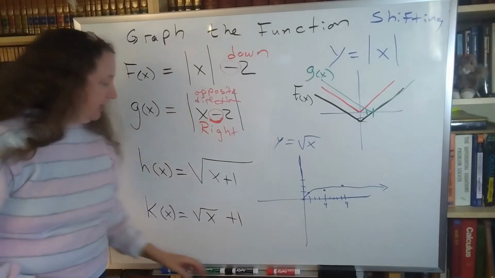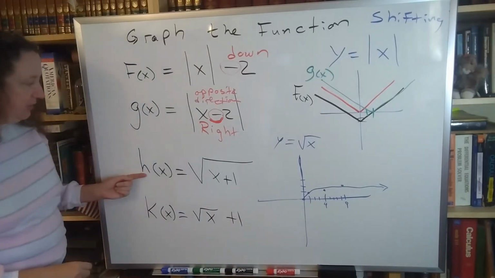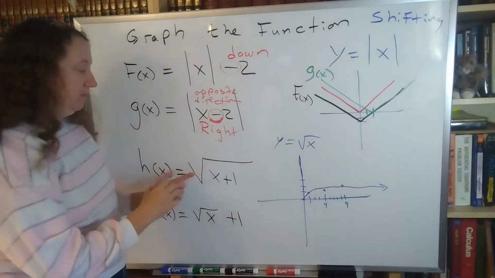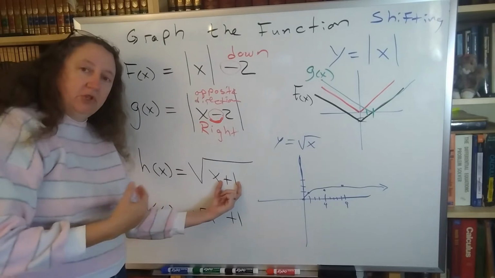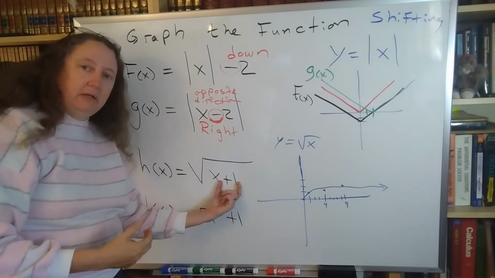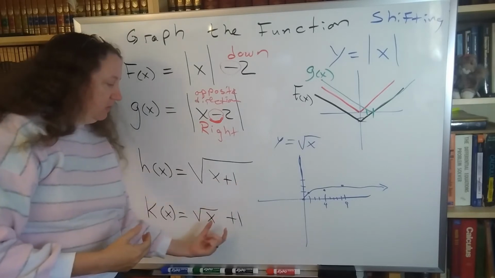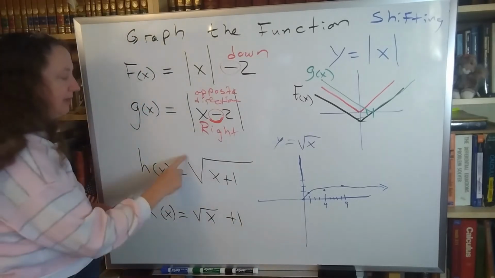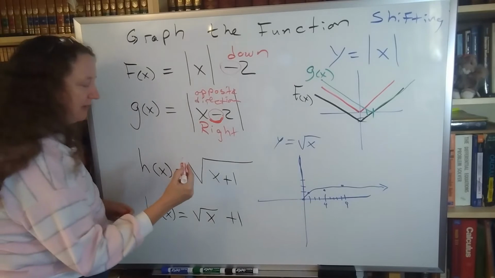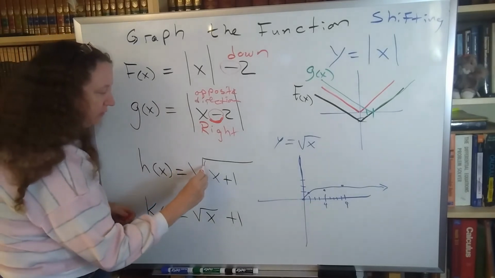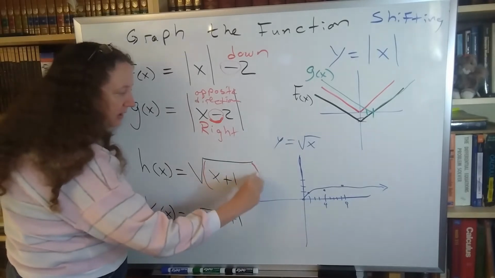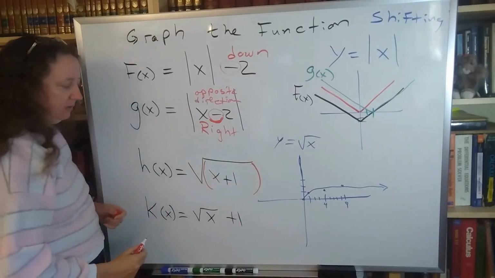If we are looking at h of x here, we need to figure out, is the shift inside the parentheses or is it outside the parentheses? When you have a square root symbol, a radical, you have an understood set of parentheses at the very beginning of it and at the spot where it ends.